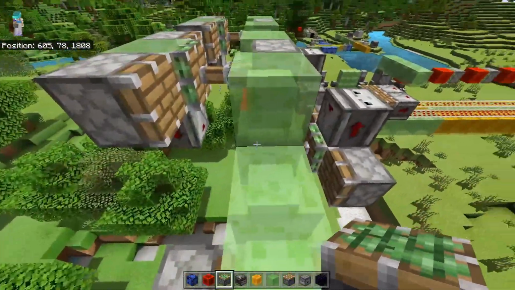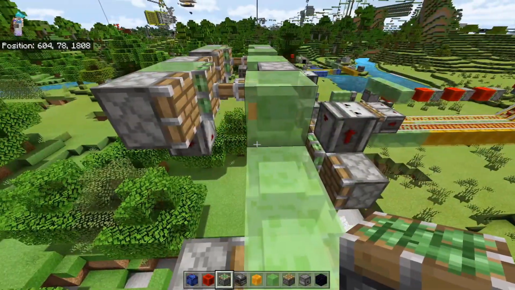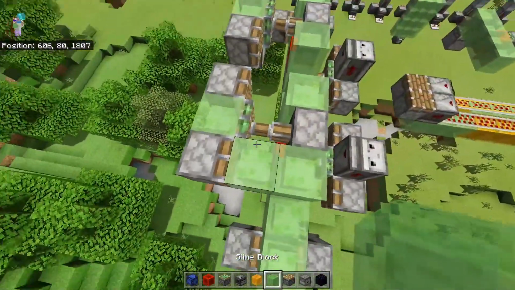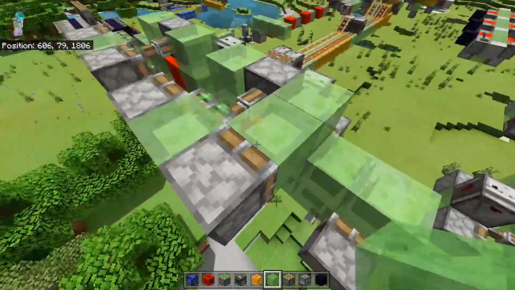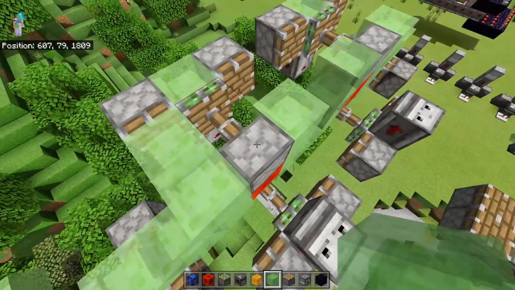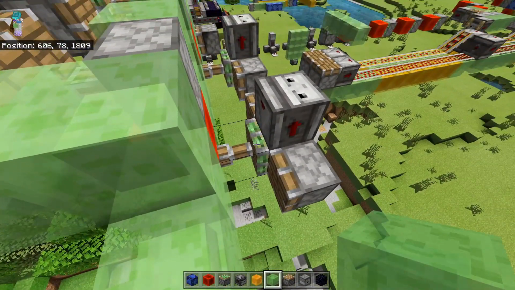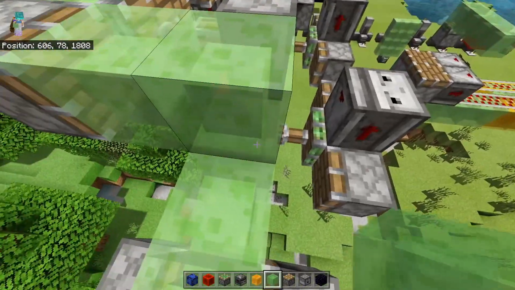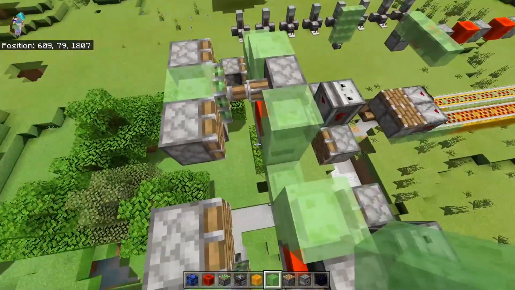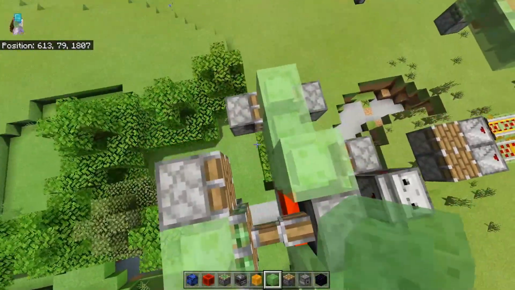So if it gets pushed this way, the sticky piston here is blocked by this structure here and can't retract it. But this here is not blocked, so it does get retracted, and it'll push this next one, which will do the same thing until it reaches this side here.